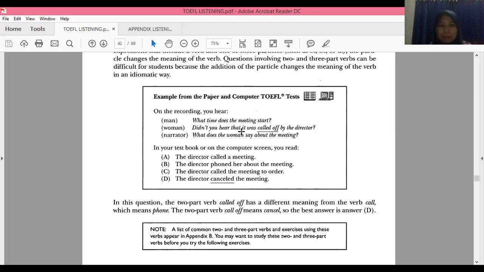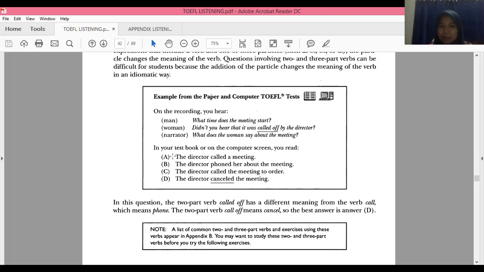Look at this example. Didn't you hear that it was called off by the director? Ada kata called off di sini. Kalau kita belum tahu ini sebetulnya verb and preposition, kita akan berpikir kok di sini adalah memanggil, ya kan? Memanggil atau menelpon.